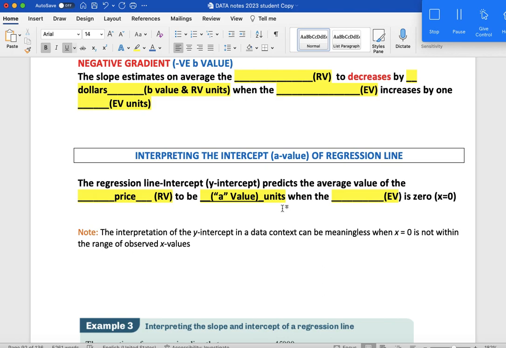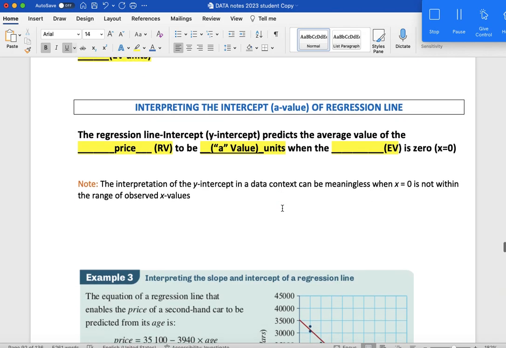So when it first drives out of the car yard, they were saying it was 35,000. This is an example of when the intercept would be interesting, because before you drive it out, it's 0 age, yeah?